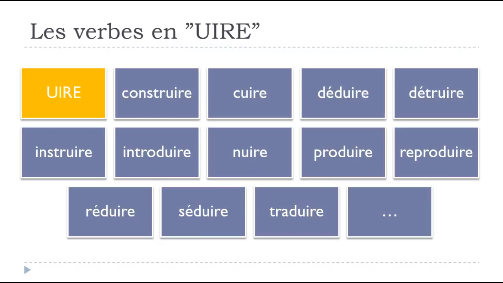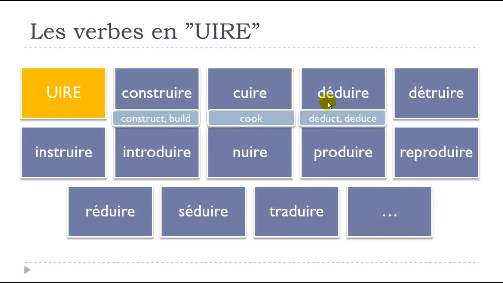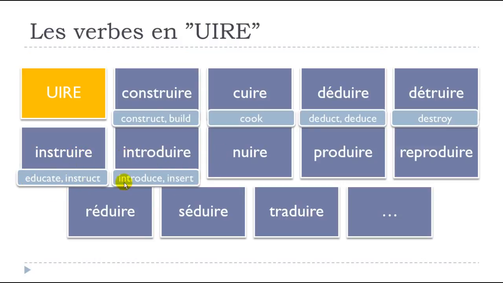And of course, you are expecting the translation. I know that. And this is the reason why you will get them. So, construire means construct, build. Cuire, cook. Déduire, deduct, deduce. Détruire, destroy. Instruire, educate, instruct. Introduire, introduce, insert. Nuire, harm, damage.